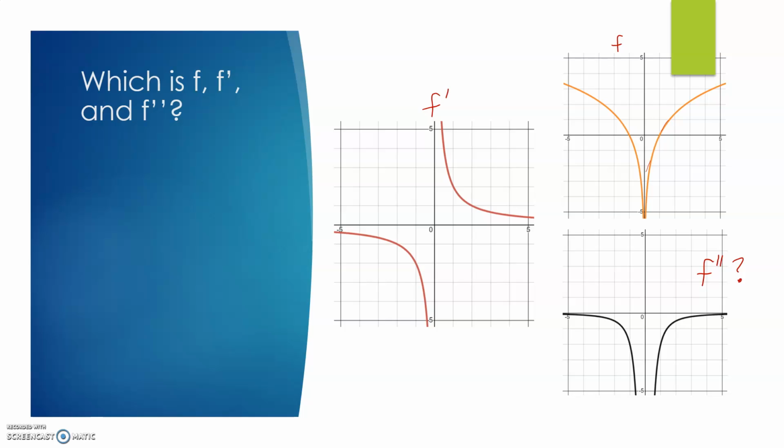So as I'm matching these graphs with their derivatives and second derivatives, I'm thinking about concavity, and I'm thinking about increasing and matching that with above the x-axis for f prime. That's my strategy for this section.